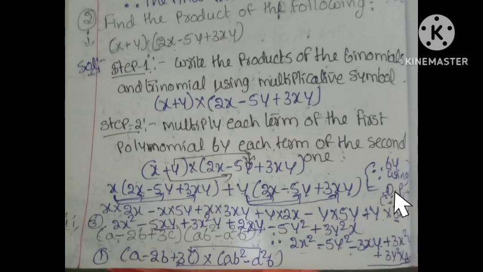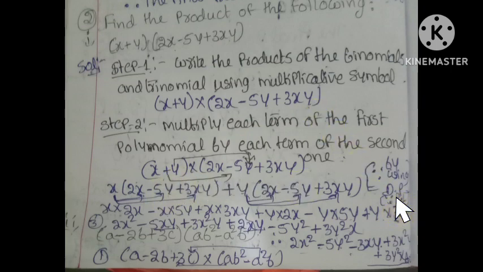The first term of the first binomial is multiplied by the polynomial. Next, the second term of the first binomial by each term of the polynomial. So x into 2x minus 5y plus 3xy plus y into 2x minus 5y plus 3xy.